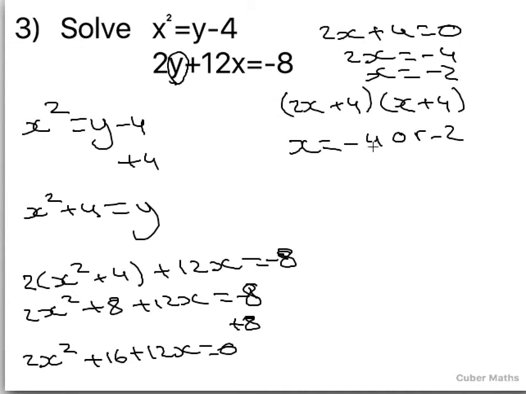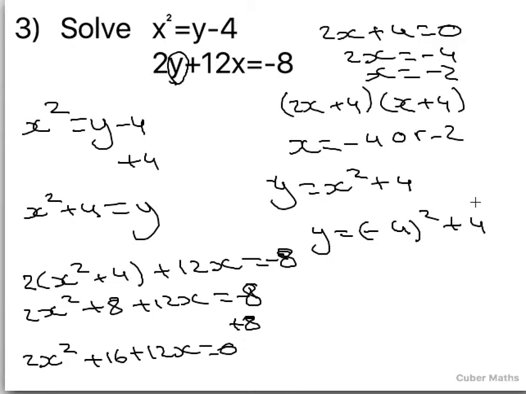Now if we just substitute that back into our equation here that we've got where y equals x squared add 4. So y is equal to minus 4 squared plus 4. And remember, it's really important when you're squaring negative numbers to put it in a bracket. Otherwise you'll come up with a syntax error on your calculator. So this is going to give us y is equal to 16 plus 4. So y is equal to 20.